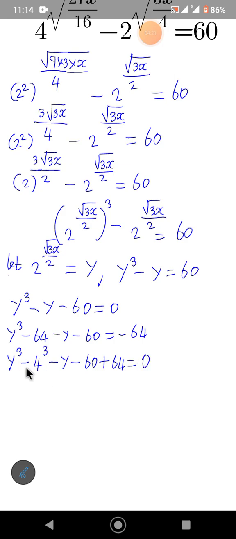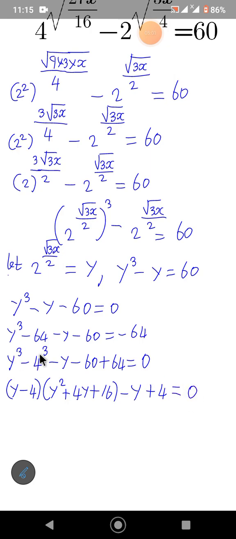Now I'm going to apply the difference of two cubes algebraic identity for this expression. After applying it, I got y minus 4, then y squared plus 4y plus 16, minus y. Then minus 60 plus 64 is going to give me plus 4, then all equal to 0.